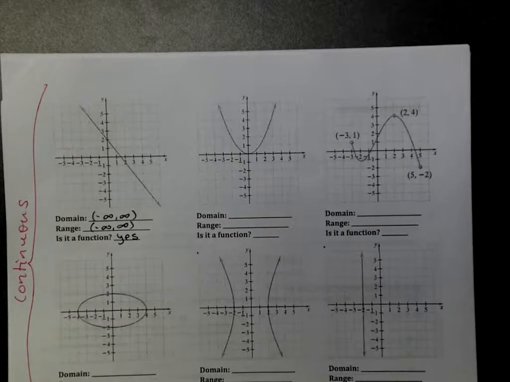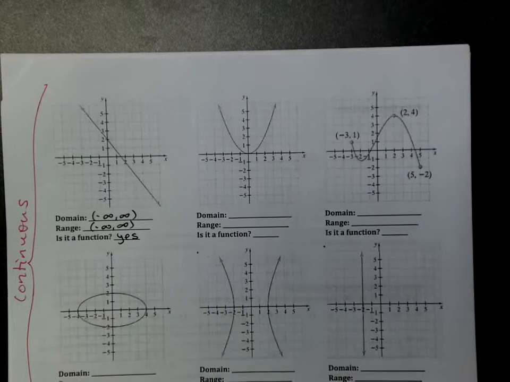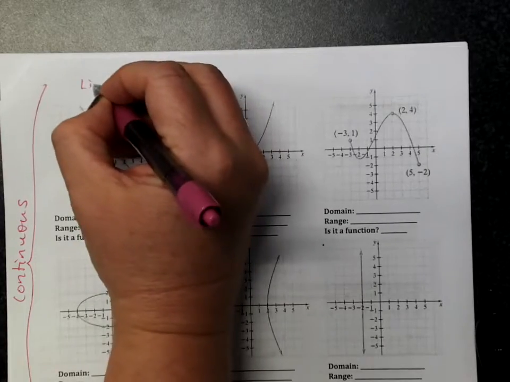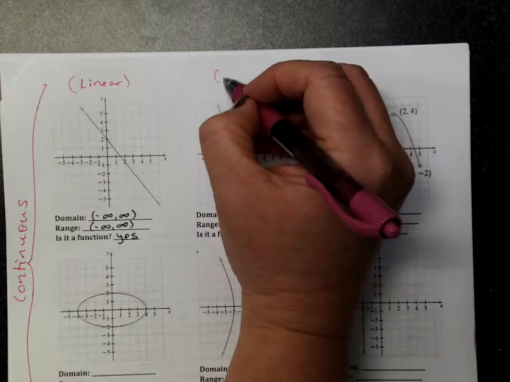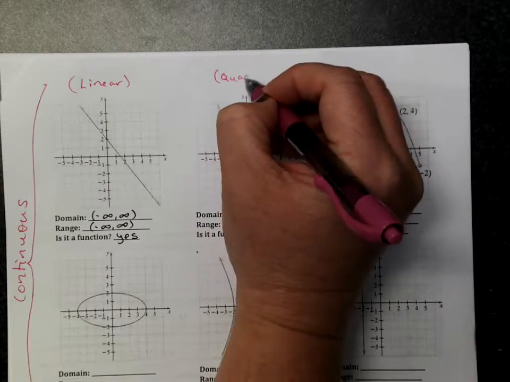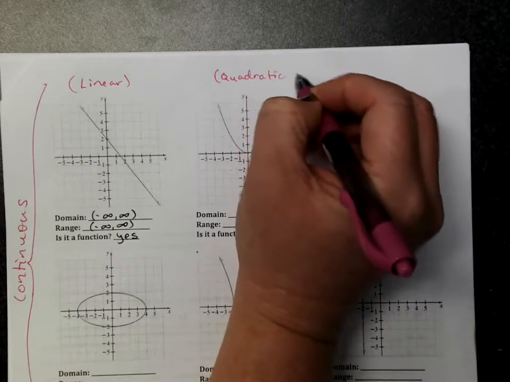All diagonal lines are functions, and all of them have unrestricted domains. And this, just to get some of that language in there, we know this is linear, obviously, because it makes a line, so it's in the linear family. Our next example here is a parabola, which puts it in the quadratic family.